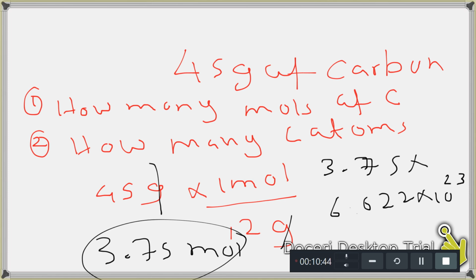I just take 3.75 multiplied by 6.022. I get 22.58 into 10 to the power 23. Writing this in scientific notation, it is 2.258 into 10 to the power 24. So that is my answer.